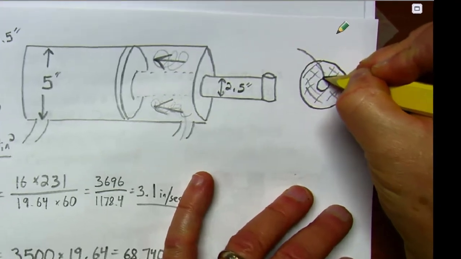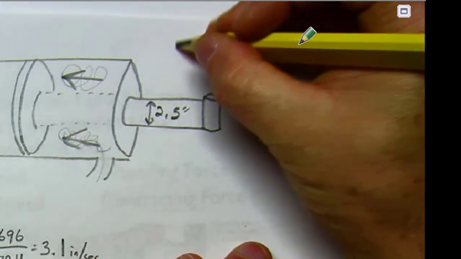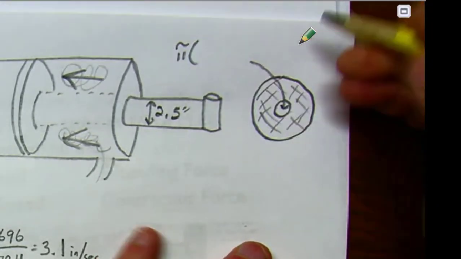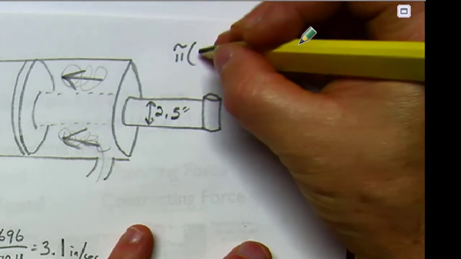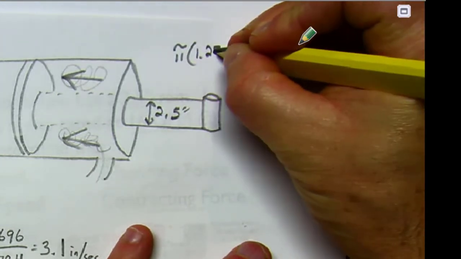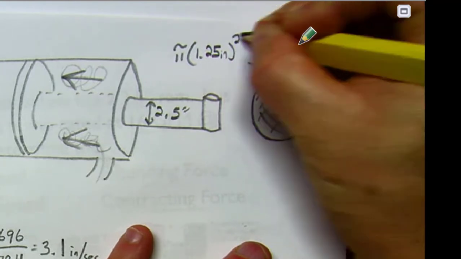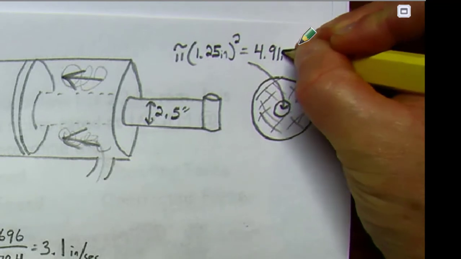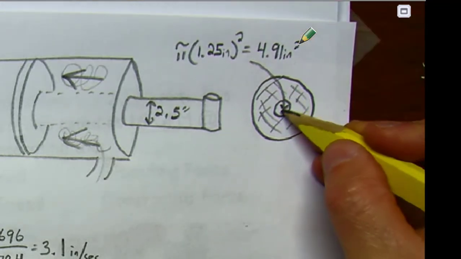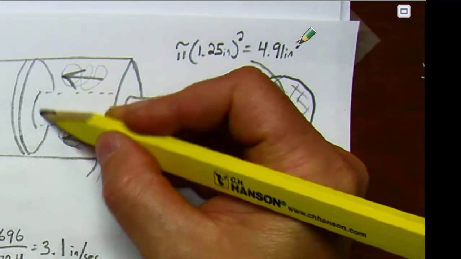So for starters, let's find out what the area of the hole is. That's going to be pi times our radius. Now, the ram is 2.5 inches. That means our radius is 1.25 inches, half of that, squared. 4.91 square inches. So that's how much we're going to lose because of where the ram attaches right there.